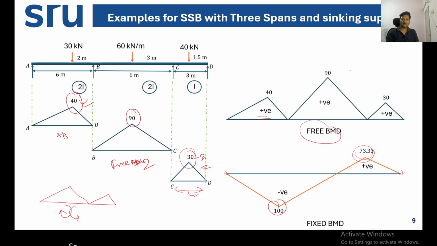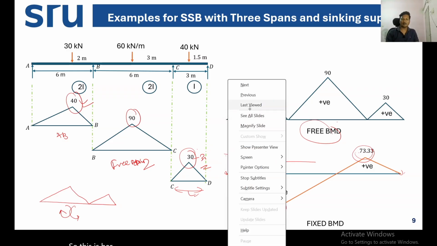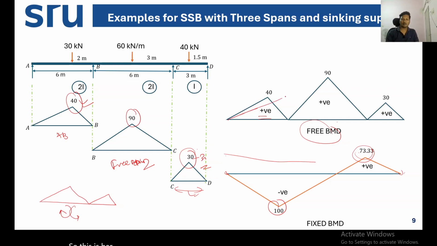If you club it, this is the main diagram, and the common things we can highlight: this is negative, and this is positive. I hope this is understood, how to draw the bending moment diagrams.